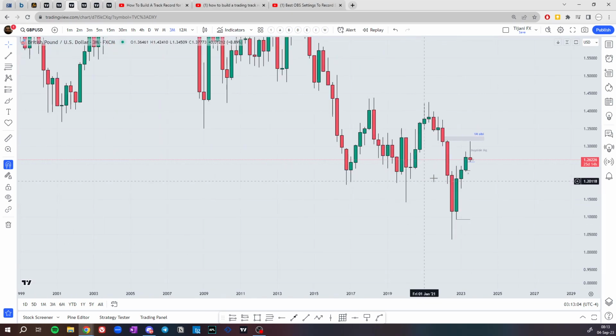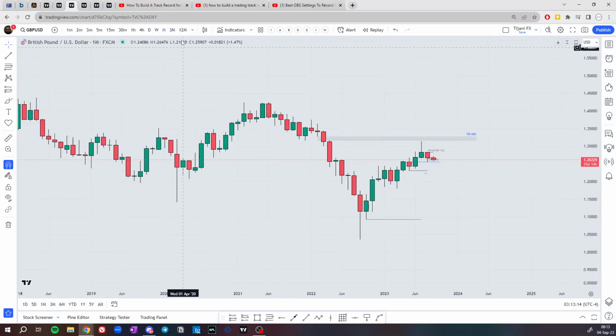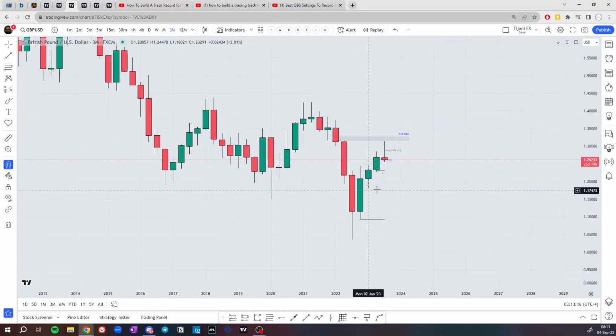I'm still expecting bullishness on cable for the long term, following the IFR, but if price checks this low, I'm expecting price to continue lower, to drop lower to fill this monthly order block or the quarterly order block.